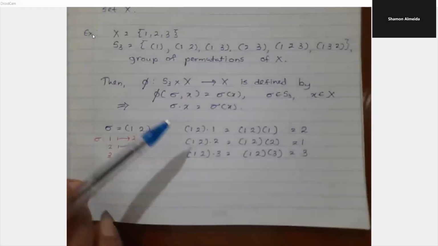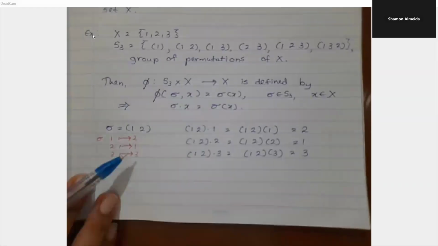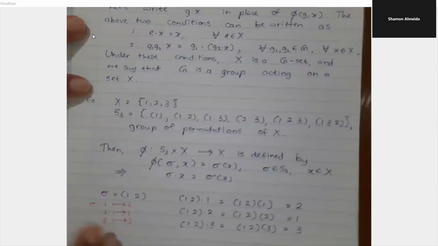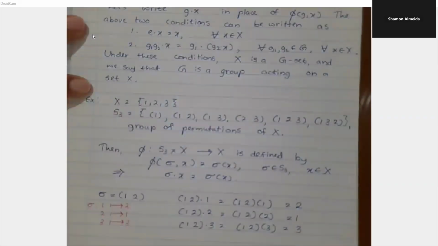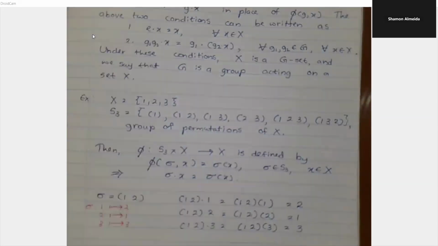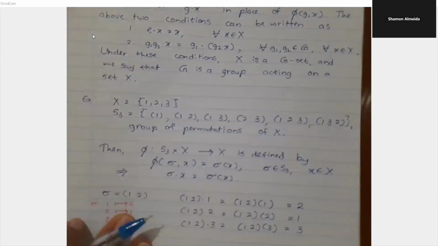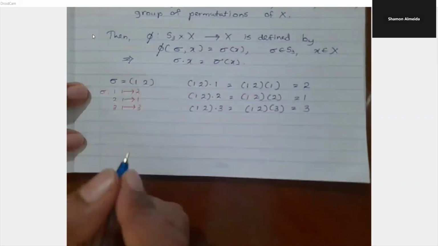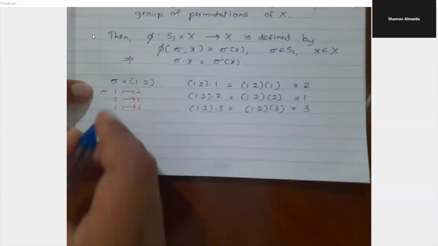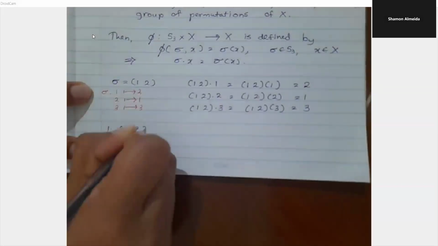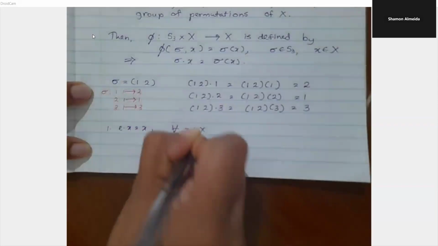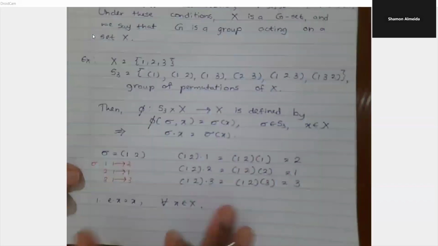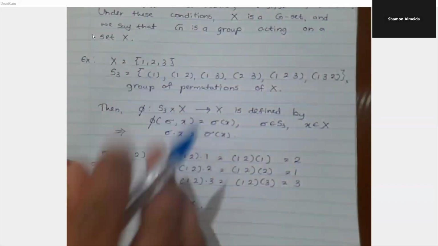Now to see that this is indeed a group action, we have to show that the first condition is satisfied. The function is well defined. We are simply getting the function values of all these permutations, right? Now we have to show that e dot x is equal to x for all x in X. To prove this, first we have to know what the identity is. The identity permutation, right?